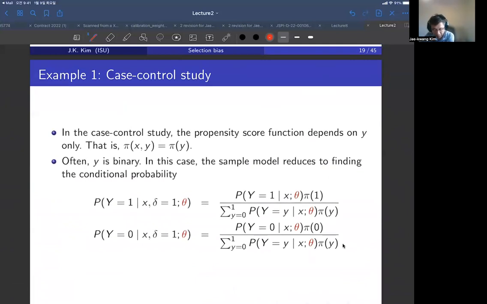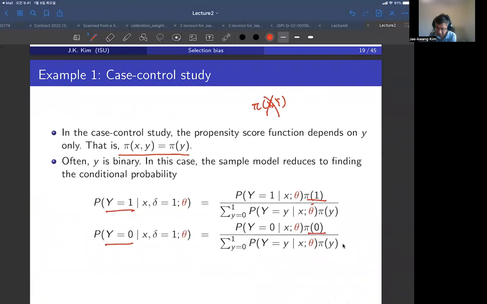Example 1. So in the case control study, the propensity score function depends on y only. So we can write it this way. So then you have something like this, right? So that means the Bayes theorem. So this is basically the probability originally pi(x, y), but now x disappears and y is just binary, either 1 or 0. So you have a 1, 0, and so you get one numerator, 1 or 0.